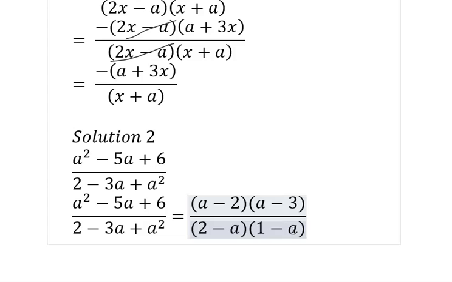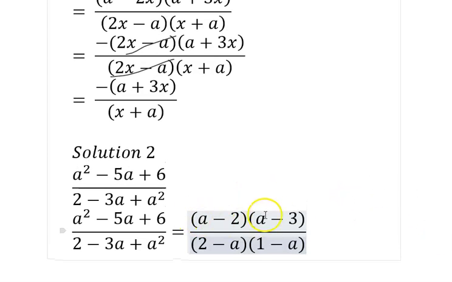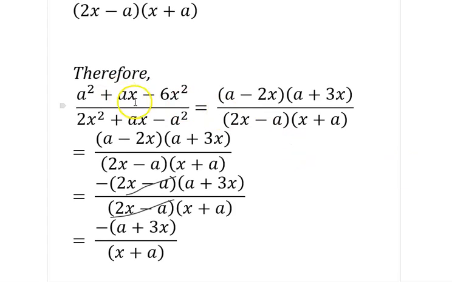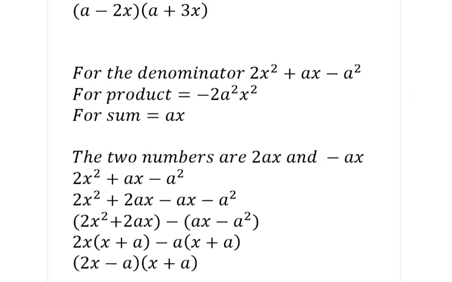So I don't want to waste too much of our time. I will come about factorizing what we have here to give us this one, factorizing what we have here to give us this one. We've taken our time to explain it in this first question. Factorizing what we have here to give us this one, that's the numerator. That's what we explained up here.